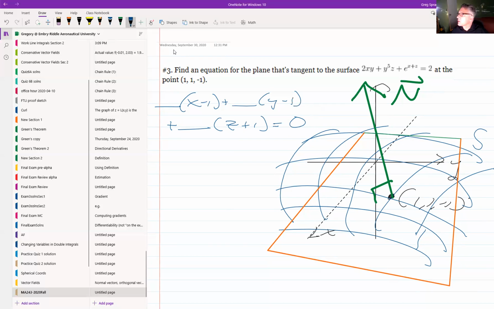To find the normal vector, I have to recognize that this surface is the level surface of a function. So I'll call the left-hand side of that equation f of x, y, z. The right-hand side is a constant. So the surface is the level surface, which is called f equals 2 for short.